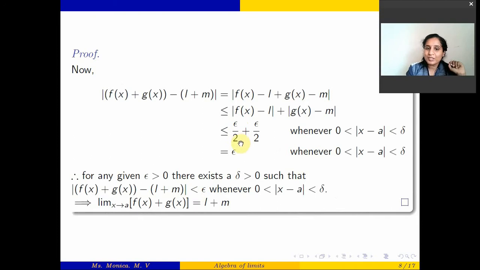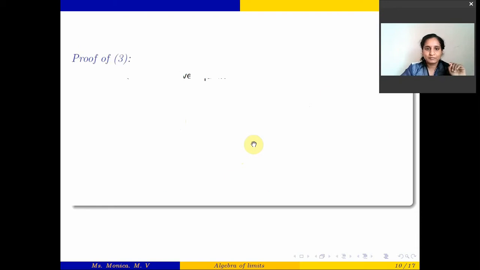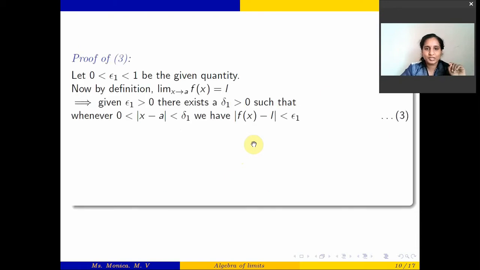So if I had taken epsilon by 2 and epsilon by 2, when I add up at the end I will get this quantity less than epsilon. So it looks like a standard definition. That is the simple reason why I have taken epsilon by 2. Other than that, if you simply take less than epsilon, it is completely true. You need not worry about anything. Okay, so we had come to this proof.